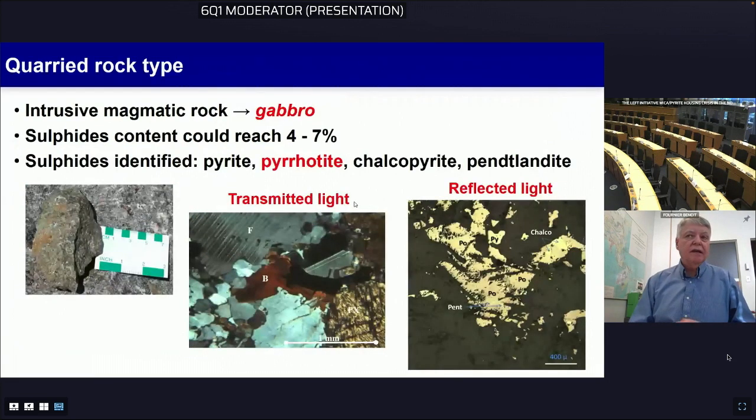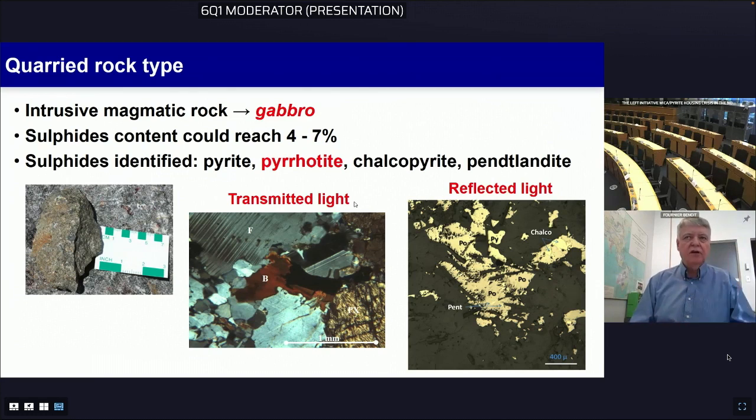So the rock involved there is an intrusive magmatic rock, which is called a gabbro, with sulfide contents that could reach up to 7%. And the sulfide minerals identified were mainly pyrite, pyrrhotite, with traces of chalcopyrite and pentlandite. So chalcopyrite is a copper-based sulfide, and pentlandite is a nickel-based sulfide mineral.